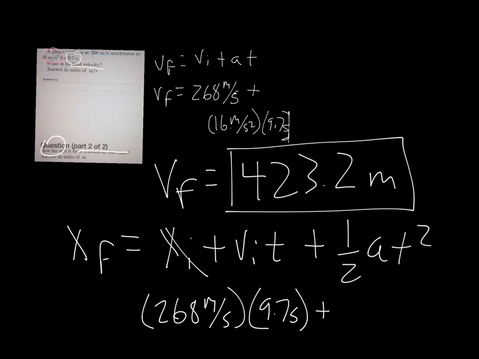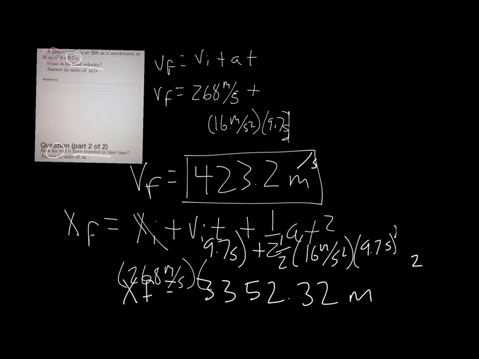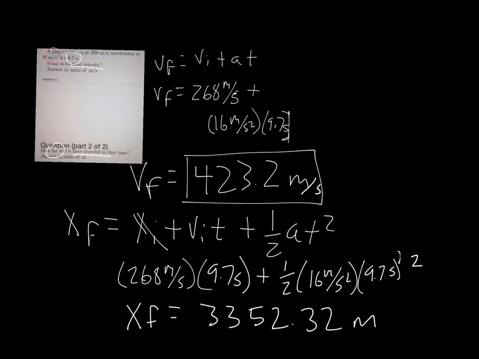We're going to add in 1/2 times 16 meters per second squared times 9.7 seconds, so you've got to square that. When you fill those in, you should get the answer of 3,352.32 meters. We're going to move on to the last question.